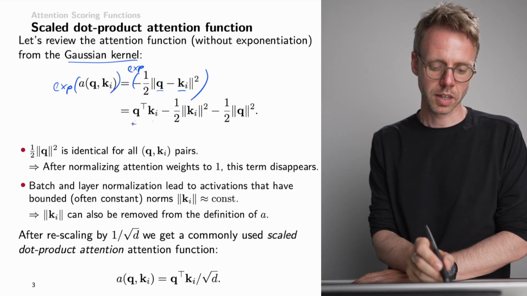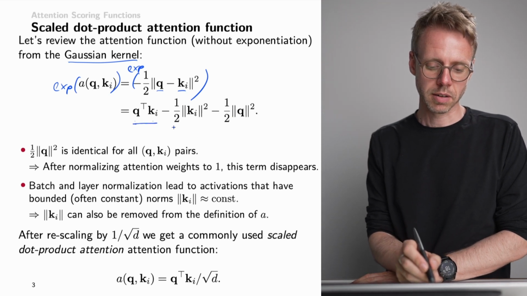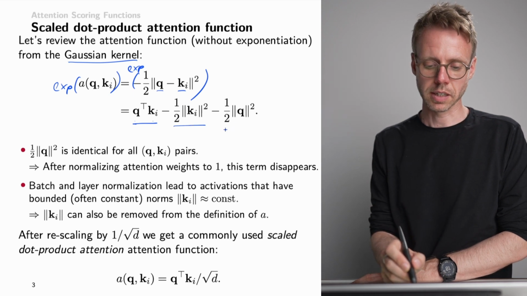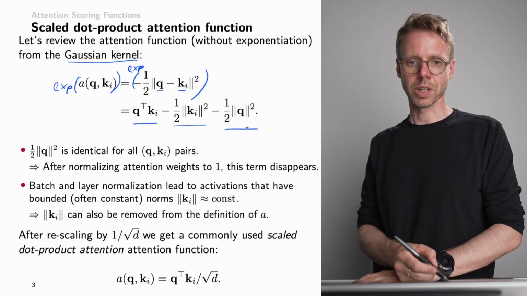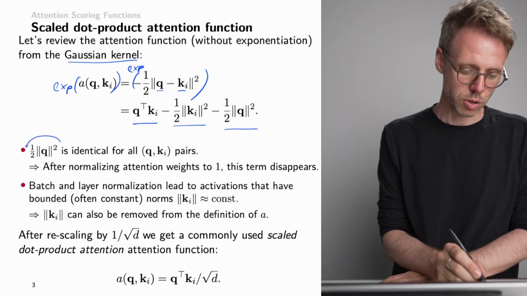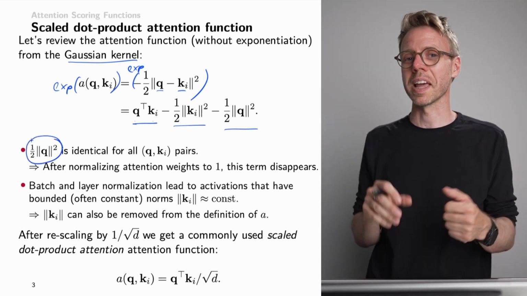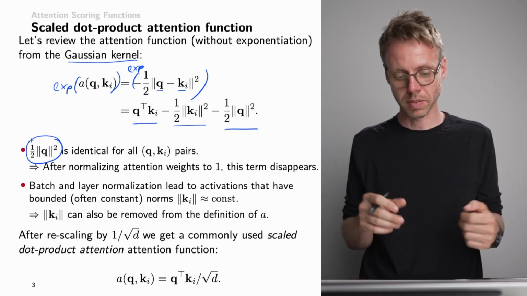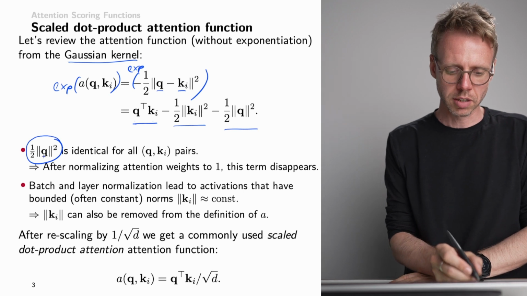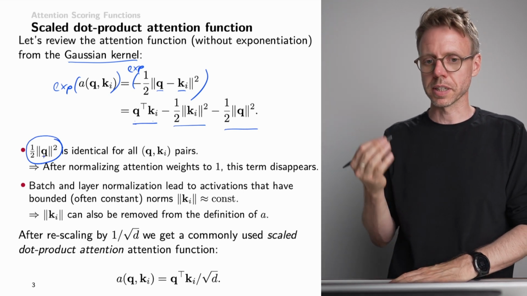So we have the inner product minus a term that depends only on the key and minus a term that depends only on the query. Now let's look at these terms. Well, typically we use the same query for all our keys. Yeah, we are performing a query to the whole database. So actually the norm of this query is always the same.